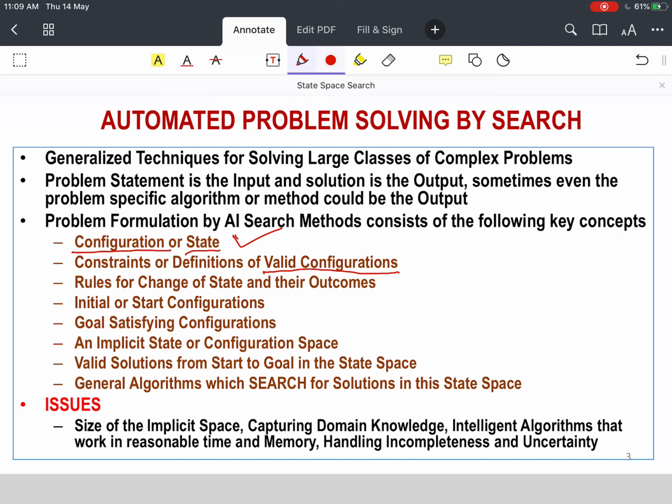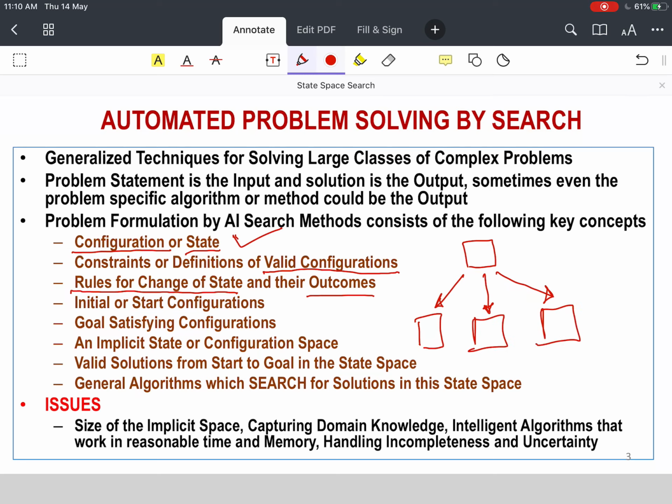Then we show that to solve the problem, we can use a set of state transformation rules or rules of state change. So given a state, whatever it is for a particular problem, there will be a set of rules which tell us that from this state we can go to these states.